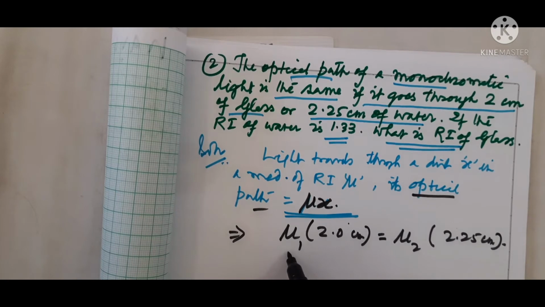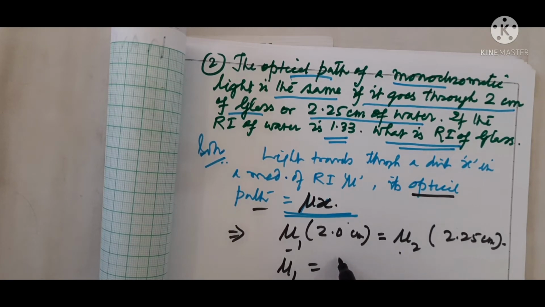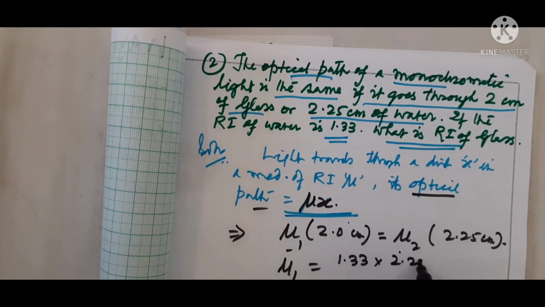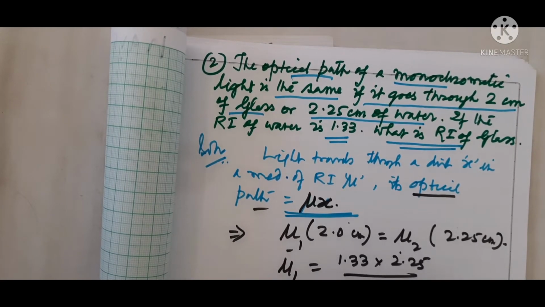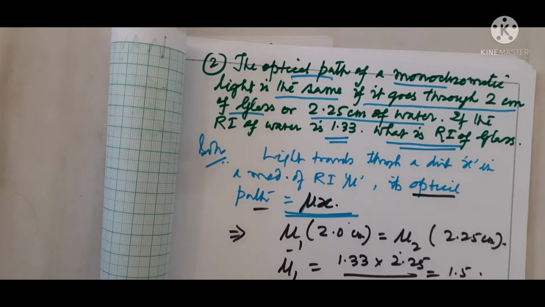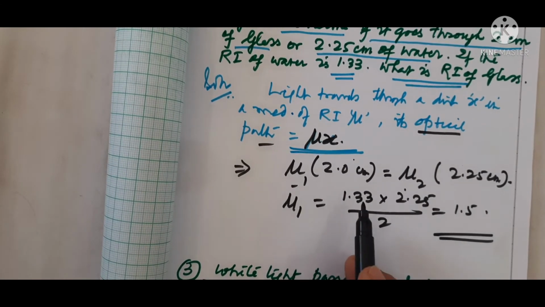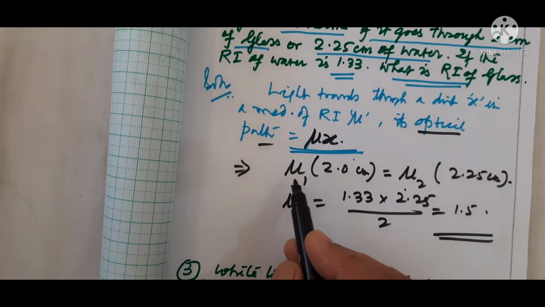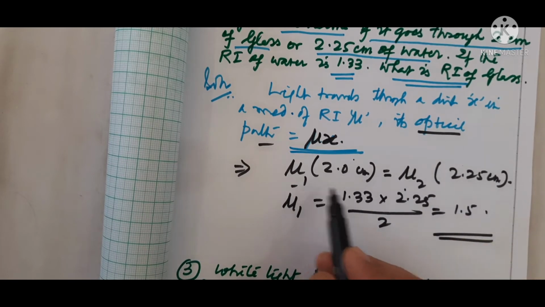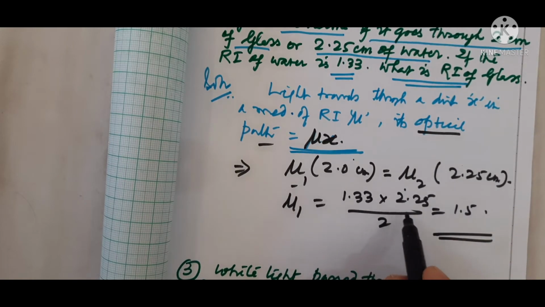Here mu 1 you have to find out, mu 2 is given. So mu 1 is equal to 1.33 into 2.25 divided by 2, which will be 1.5. That should be your answer. Optical path is the same, so mu x is equal to mu x, and mu 1 we have to find out like that.